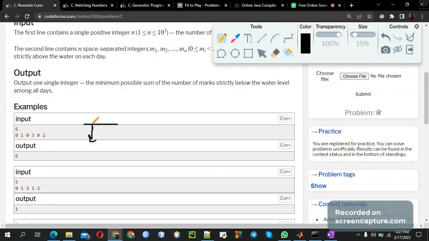At day two, we have one watermark above the water level. So we have to add one more watermark. At the third day, we have no watermark above the water present here.